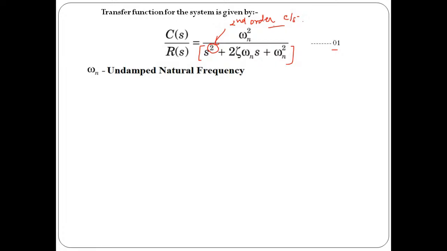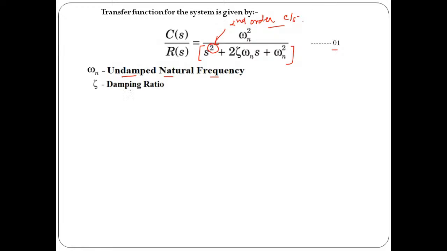Now here in equation number 1, we have added some new terminology that we have not learned so far. If you have learned this course in your regular BTech curriculum, maybe for electrical or electronic communication engineering students, you know that this omega n is known as undamped natural frequency, and the unit is radian per second, and zeta is called as damping ratio.